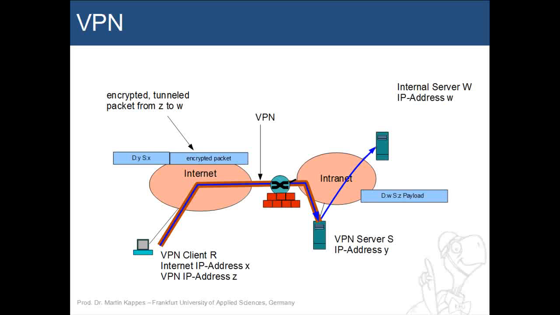What happens then is that the VPN, in this case software on the machine, would contact the VPN server that facilitates the remote access VPN, here in this case the server S, which also happens to have a certain IP address Y. So this VPN client would contact this VPN server.